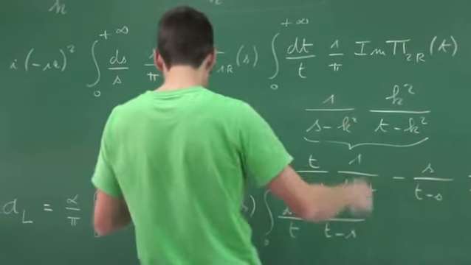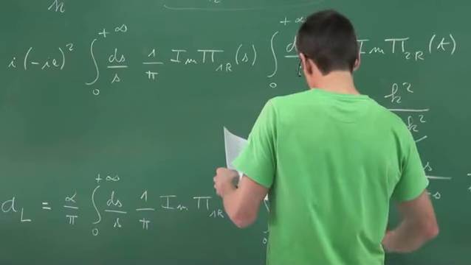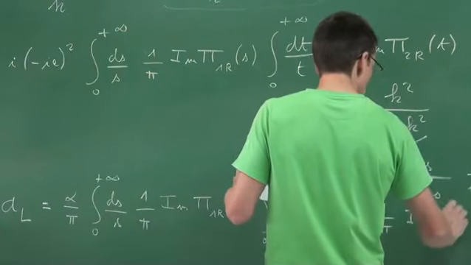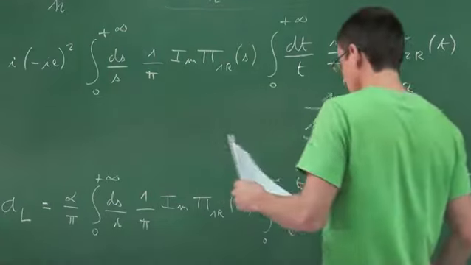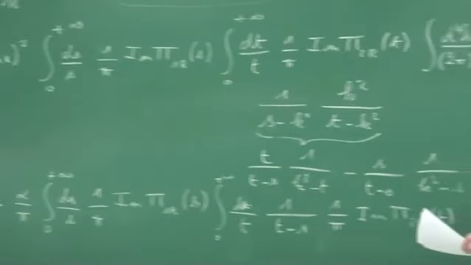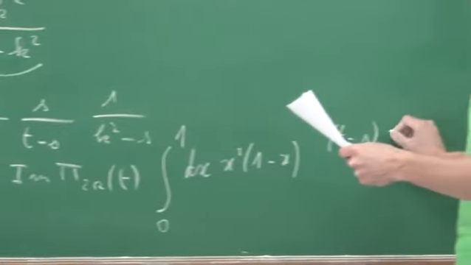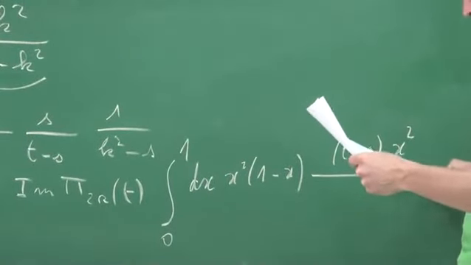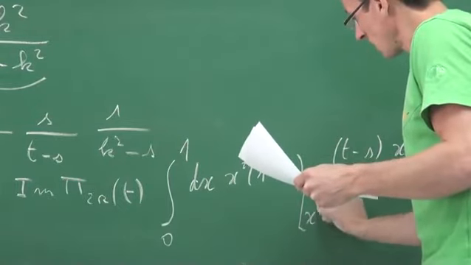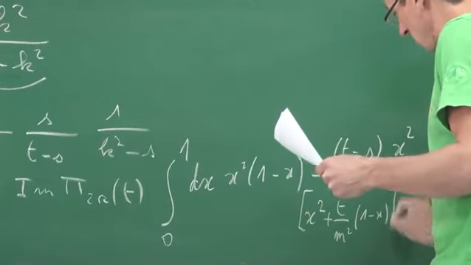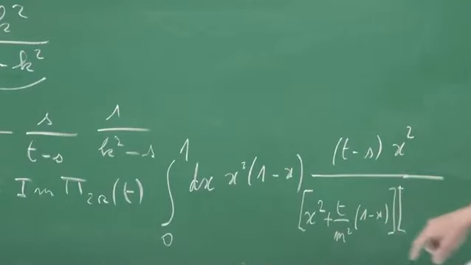Well, there is a simplification. This times 1 over pi, imaginary part of pi over t, times your famous Schwinger integral multiplied by t minus s, so that we cancel this one, times x squared divided by x squared plus t over m squared times 1 minus x, times the same thing with t replaced by s.